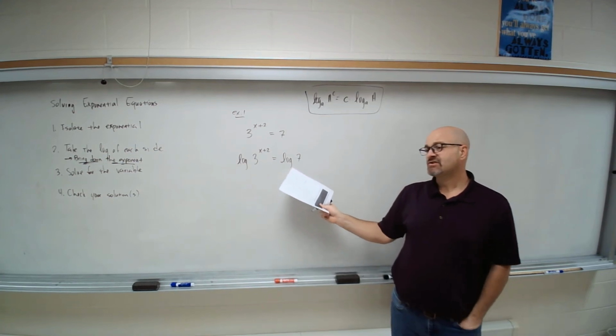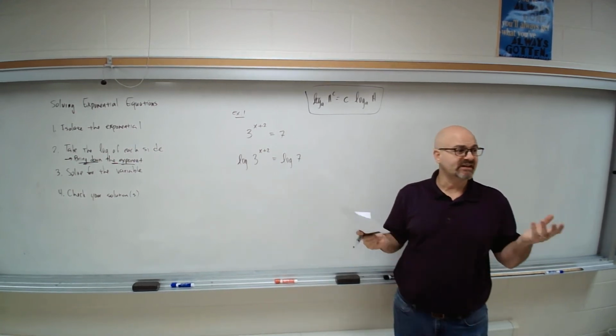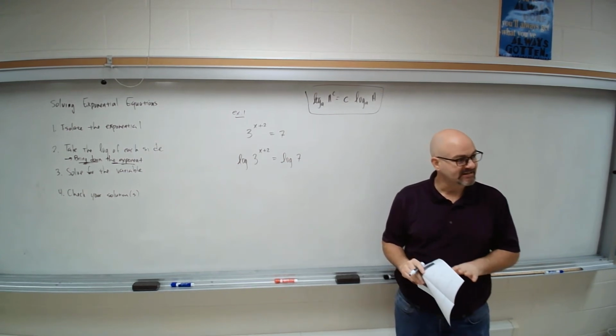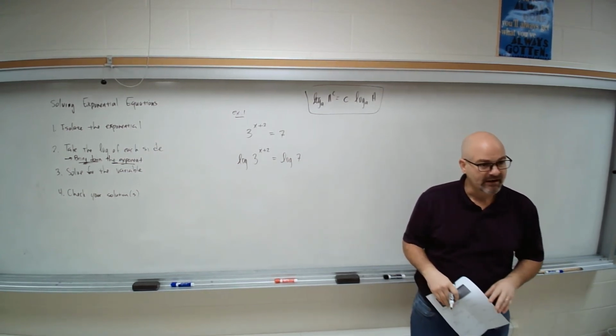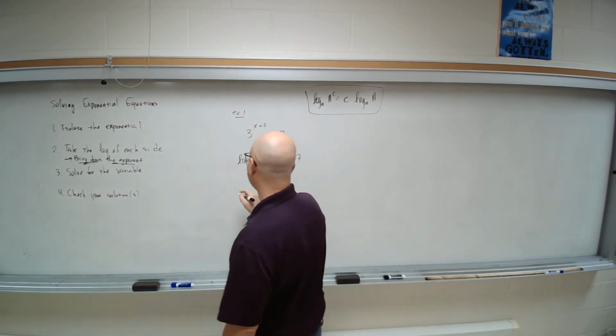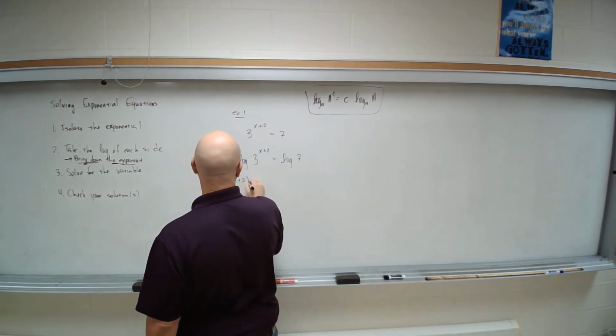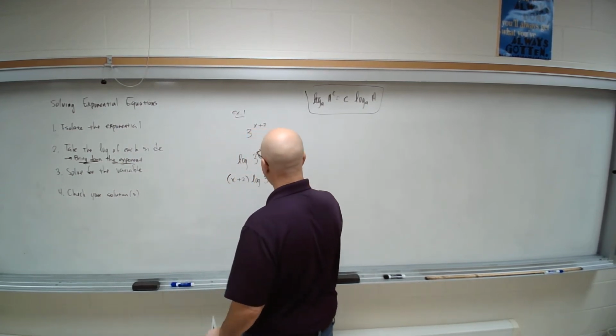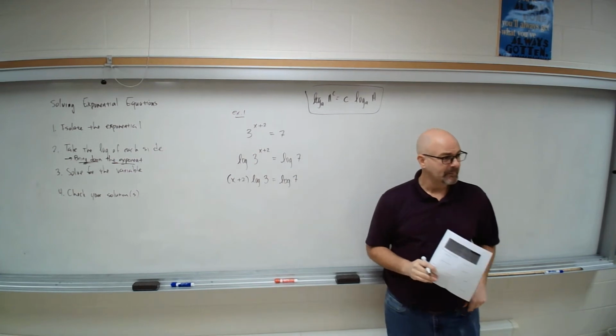So here, this is just the common log of 7. That's just a number. Don't type it in your calculator yet. You want to wait to type things in as long as possible so you don't get rounding errors. But this exponent we can bring out front as a multiple. So we get x plus 2 times the log of 3 equals the log of 7.